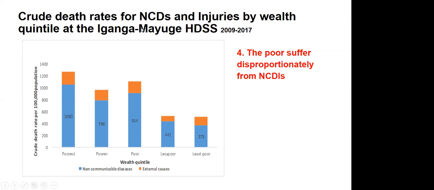When they looked at the crude death rates from the Iganga Mayuge data, you could see that, if you divided up the people into the 5 quintiles, the poorest, poorer, less poor and least poor, the people in the poorest quintile actually had almost 3 times the death rate compared to the least poor. So it means that the poorest people are still suffering a lot and also dying of NCDs.